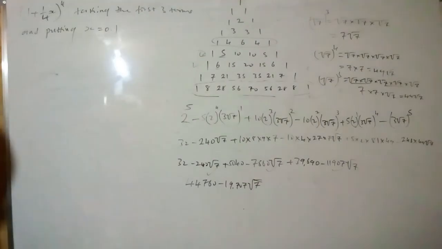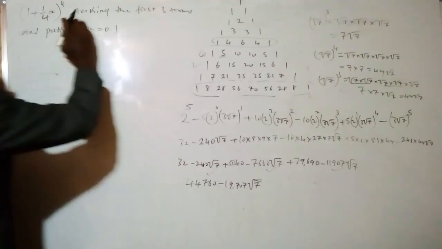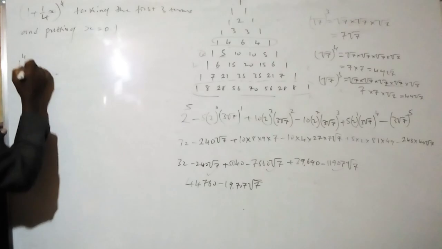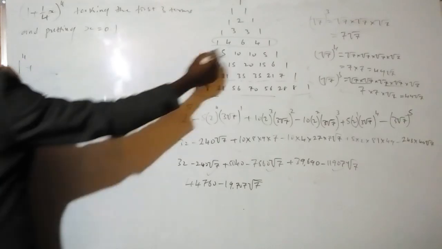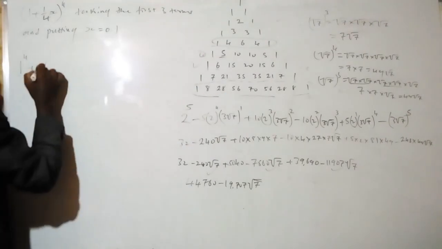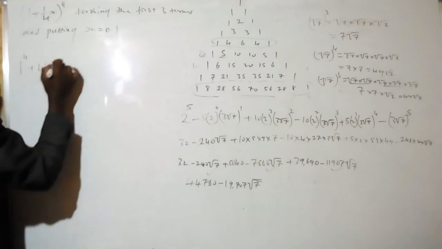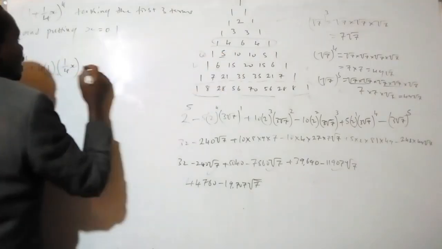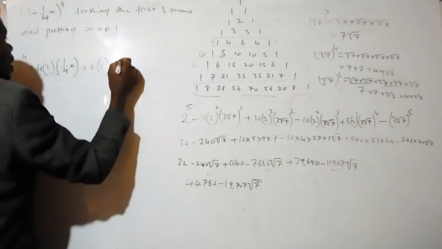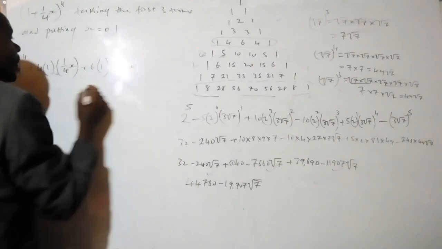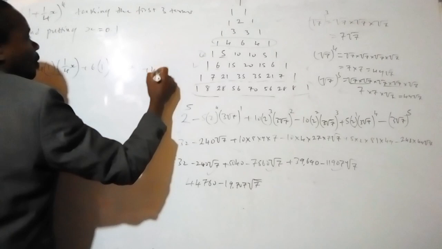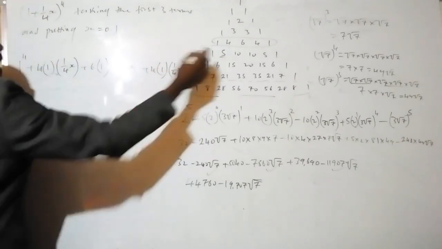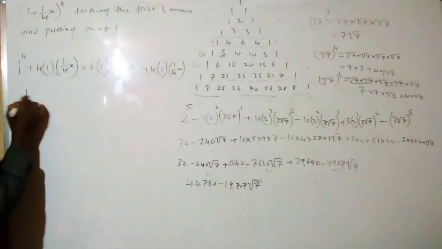Here we use the values of 4. We start with 1 to the power 4, plus 4, open the bracket and repeat 1 over 4x. Next is 6 plus 6, 1 over 4x, plus 4, 1 over 4x, and finally we have this quarter x, with the highest power 4.